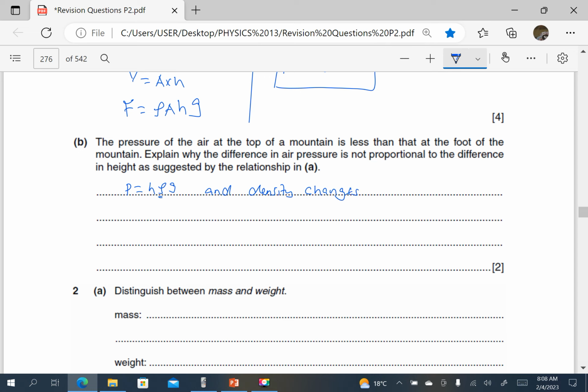The density of air changes with the height, and since density is not constant, pressure cannot be proportional to the difference in height.